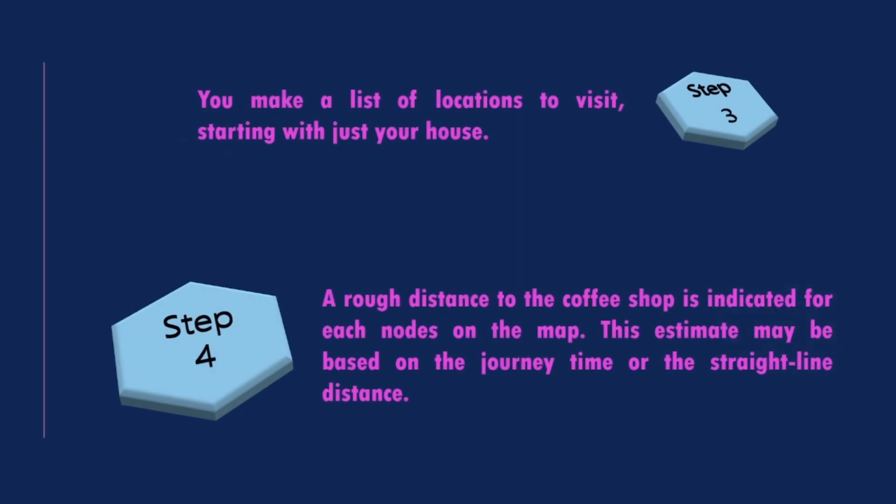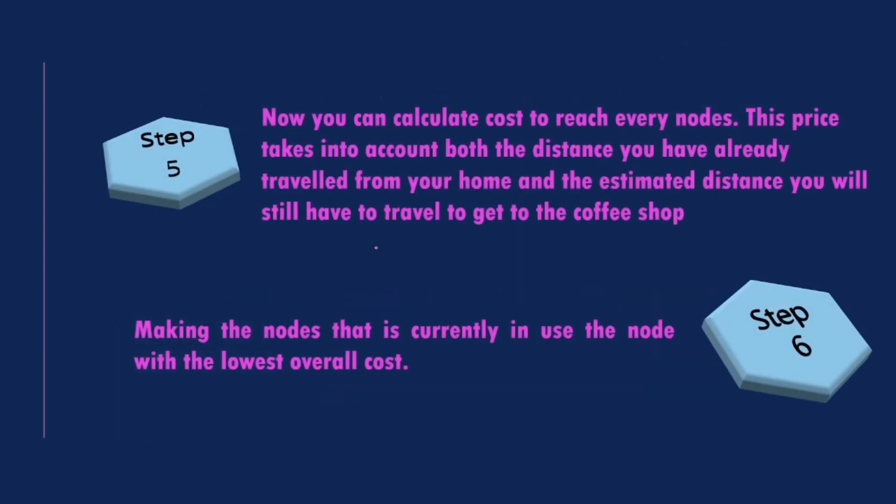Next, step 5 says now you can calculate the cost to reach every node. This cost takes into account both the distance you have already traveled from your home and the estimated distance you will still have to travel to get to the coffee shop.